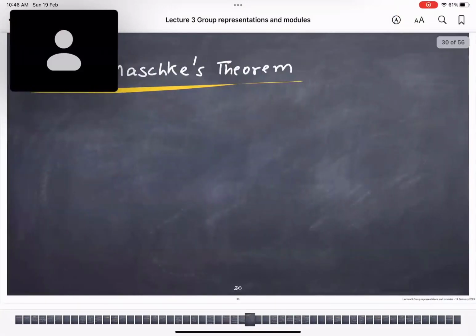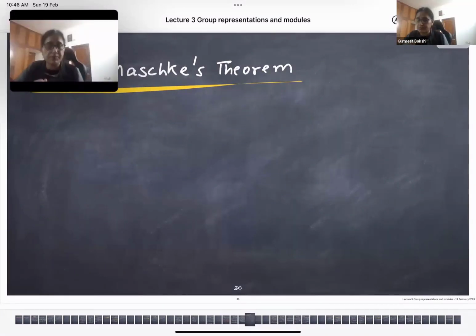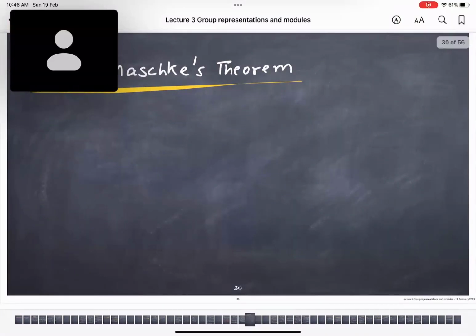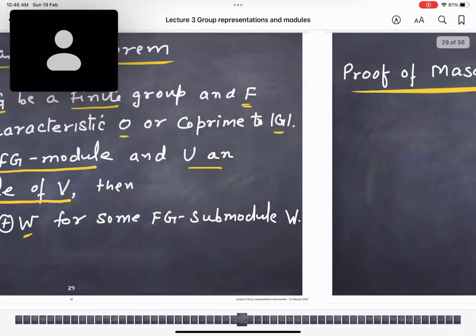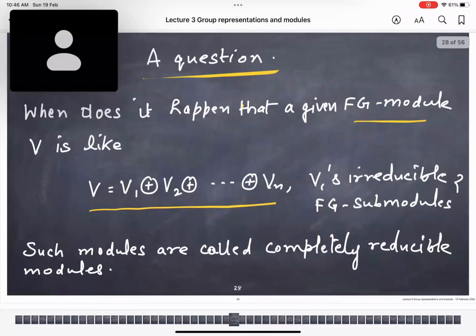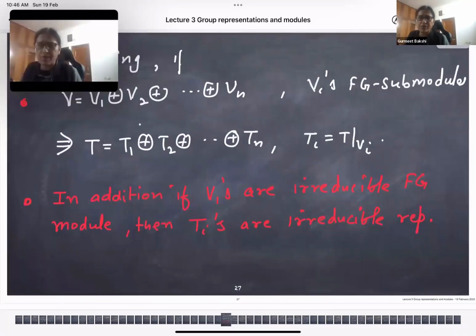Ma'am, sorry for the interruption. Can I ask you a question? Yes, sure. In the previous slide, you want to write V as a direct sum of two irreducible submodules, right? Two or a number of irreducible submodules.